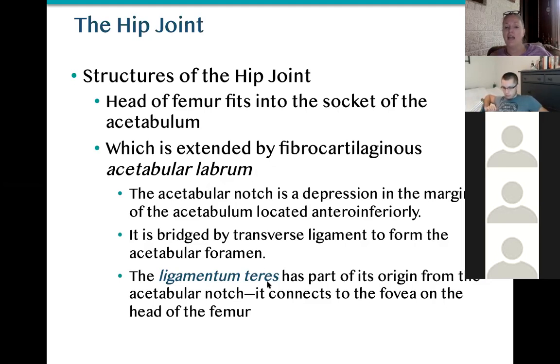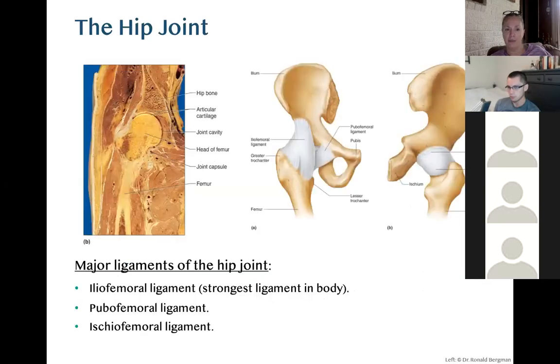You will also have a ligamentum teres, okay? And this will cross from the acetabular notch over to the fovea of the femur and help tether that femur bone a little bit more strongly into the socket. You don't have that with your humerus into the glenoid cavity.